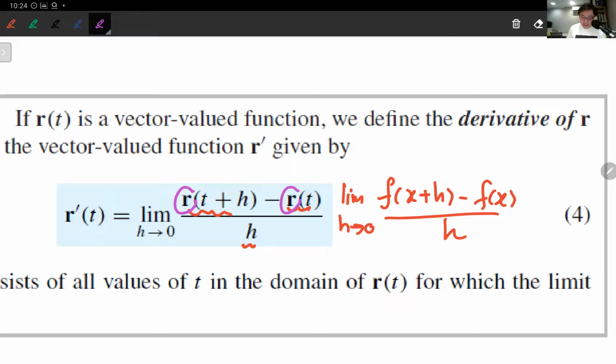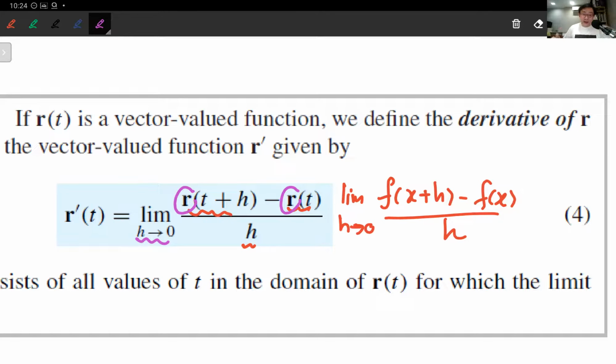And as you can see, what you are trying to do is just find the limit. So that means you just have to do the limit of each component of the vector one by one. So in terms of the operation, I can do it. I can figure out the limit in the x component, in the y component, in the z component.